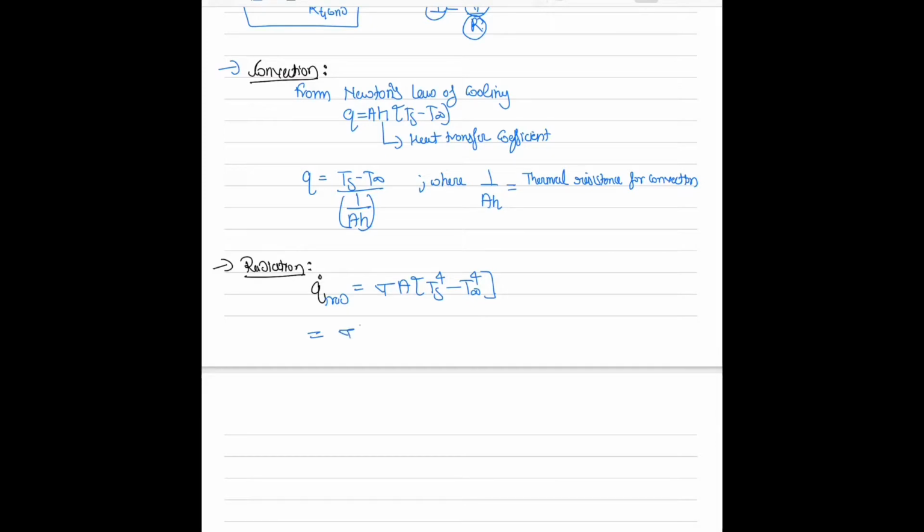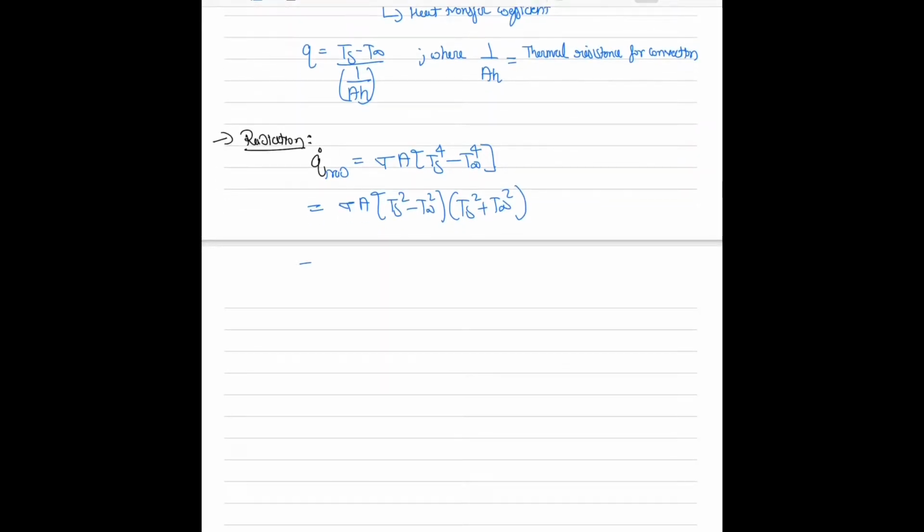So I can rearrange this term as sigma A T surface square plus T infinity square, T surface plus T infinity, into T surface minus T infinity.